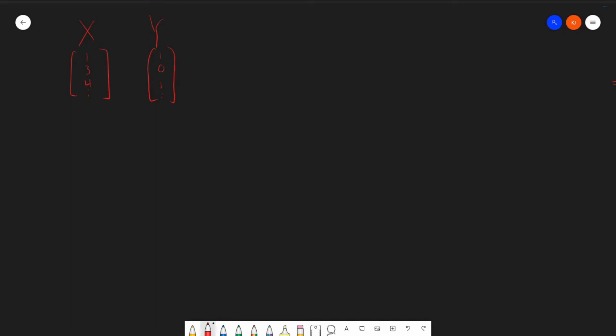So maybe these X's could be some classification problem, or maybe this is some regression problem, where the values are, say, 0.73, 1.52, or something like that.